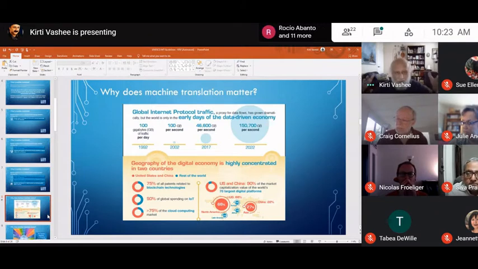But when we look at the concentration of the economic value created by this and the access to the most valuable information in this, you see that it's very, very heavily concentrated with two countries, the United States and China. They dominate the geography of the digital economy.